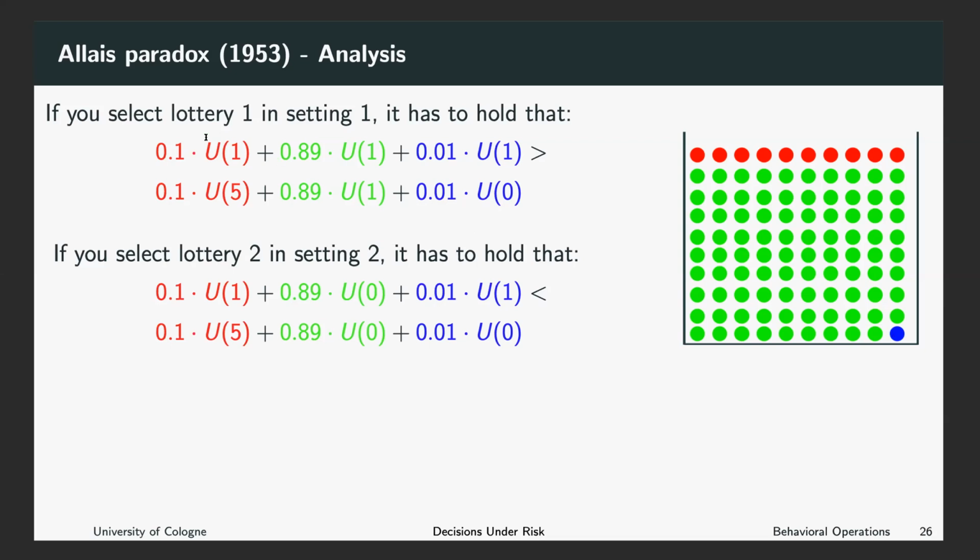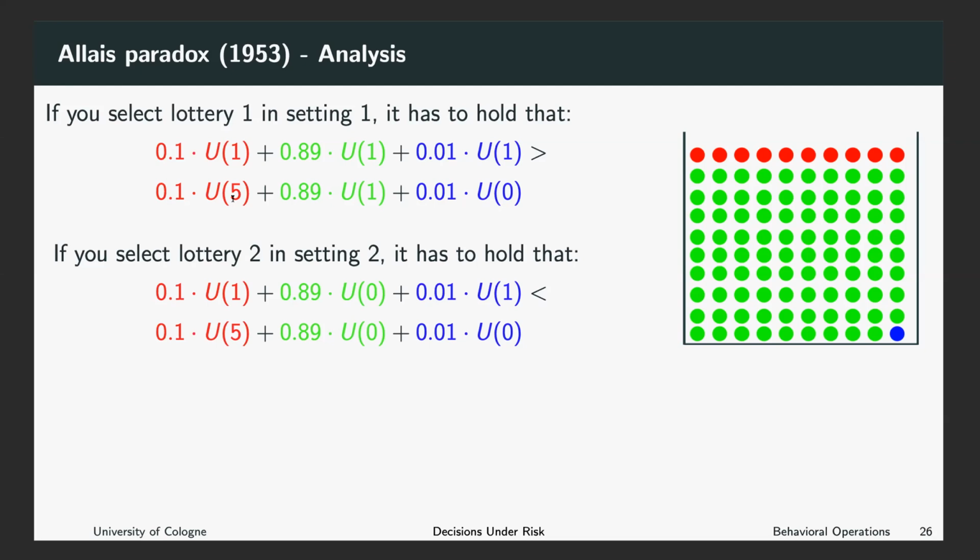And if you're looking at setting 1, it means that the first lottery implies that when you draw a red ball, you get 1 million. If you draw a green ball, you get 1 million. And if you draw a blue ball, you also get 1 million. However, lottery 2 implies that if you draw a red ball, you get 5 million.